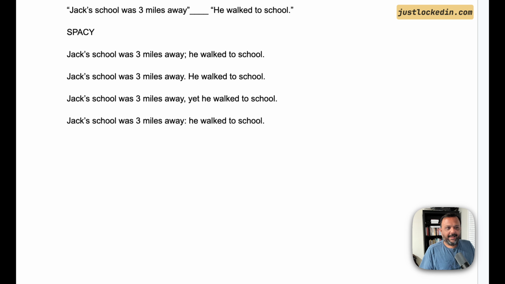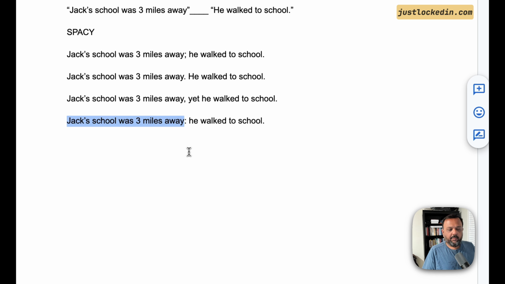It didn't make any claim or state anything non-obvious that had to be substantiated, and the second part, "he walked to school," doesn't do any substantiation. So the colon is not a good option to connect these two sentences.